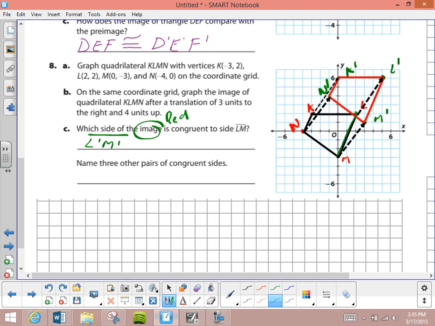The next one, name the three other pairs of congruent sides. Well, LK, and then what? Well, these are just lines. I want a pair of congruent lines. LK is congruent to what? There you go, like that, right? And the other one will be what?